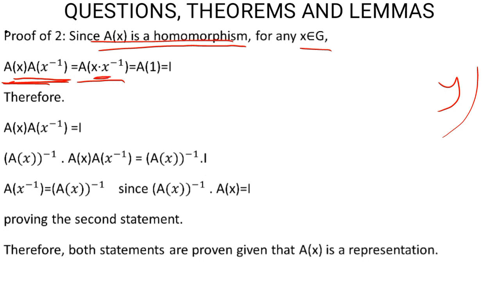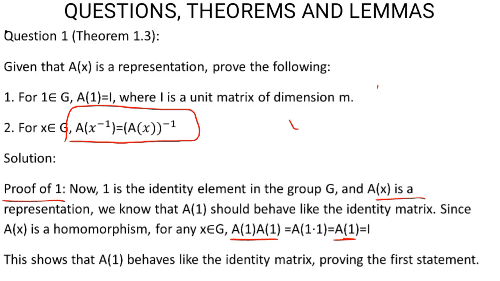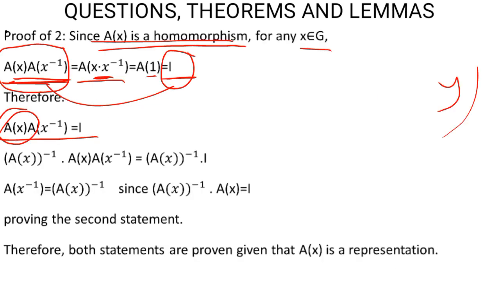And we know what X times X inverse is because we're working with a group. It's the identity in the group, which is the identity matrix 1. So therefore, this thing here is the same as this here, which is what you have here. Are you seeing? Let's equate this. And like what we did in 306, I'm going to multiply by the inverse of this because I want to show this. I have AX inverse in my equation already, but I don't have this.